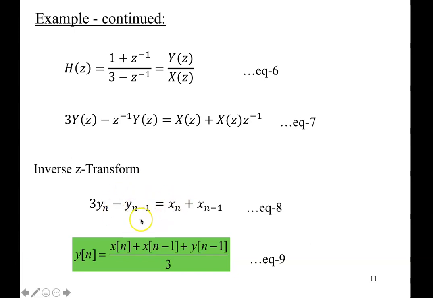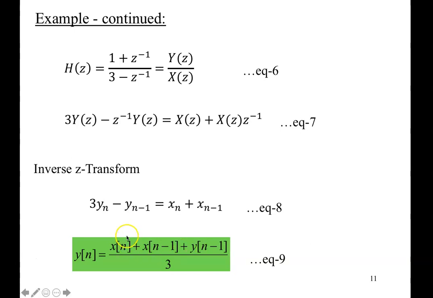Reorganize that, leaving only y[n] on the left-hand side. Move this to the right-hand side, it becomes plus y[n-1], and then divide both sides by 3, and you end up with equation number 9, which is y[n] equals x[n] plus x[n-1] plus y[n-1], all divided by 3.